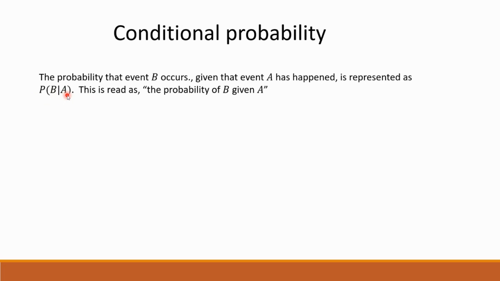That's another way to read it, what they call conditional probability. In this case, you're taking into account another event occurring. So this is what we're going to use when A and B are not independent events, because in that case you have to take into account the other event occurring.